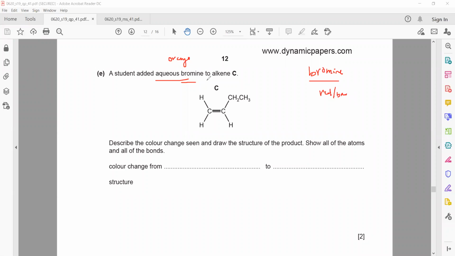If they say aqueous bromine, meaning bromine dissolved in water, it is not red brown, it is orange in color. Describe the color change: when alkenes react, bromine is added, so it will decolorize. So the color change will be from orange to colorless.